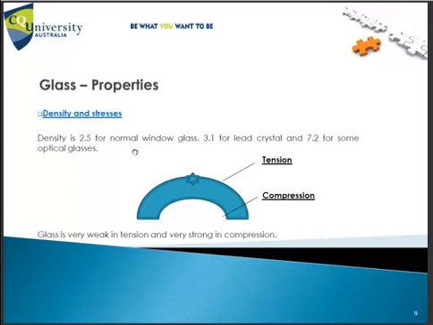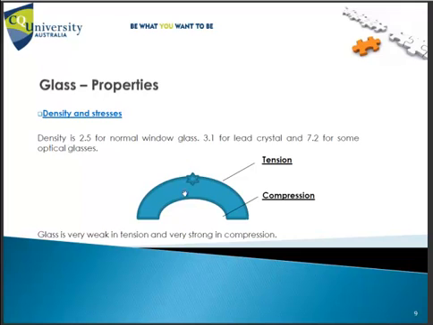The density for normal window glass is 2.5, it is 3.1 for lead crystal, and for some optical glasses the density can be 7.2. The stress property you should know about glass is that glass is very weak in tension and very strong in compression. I'll give you one example.